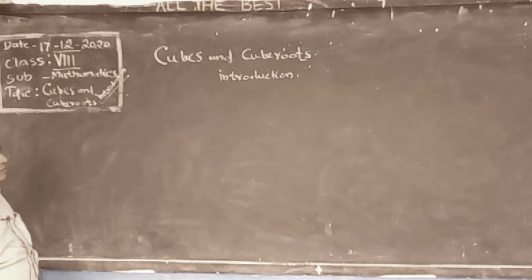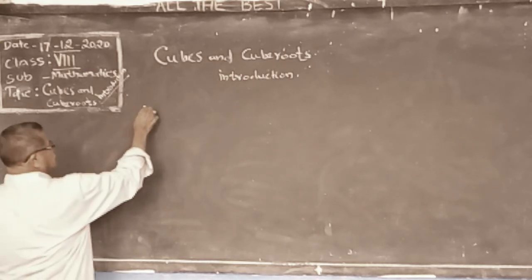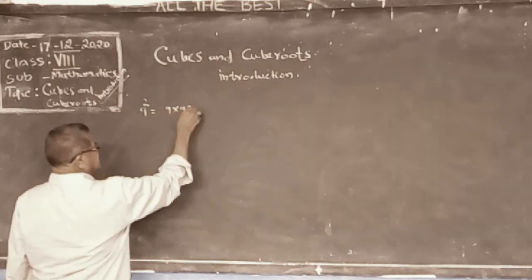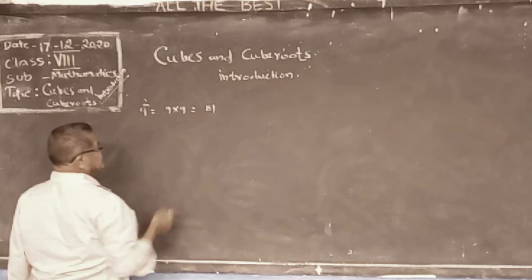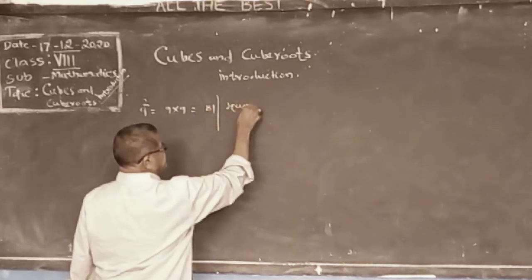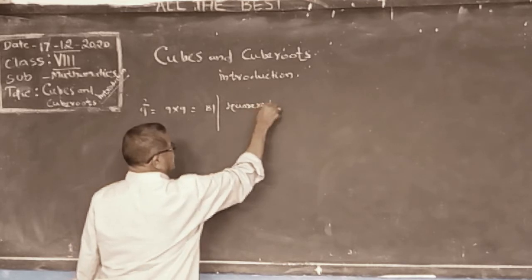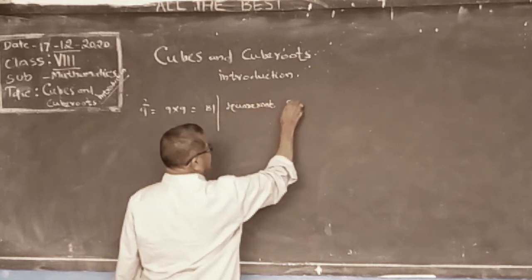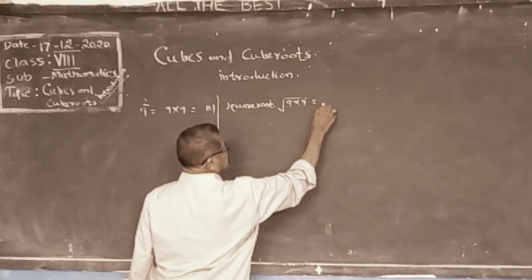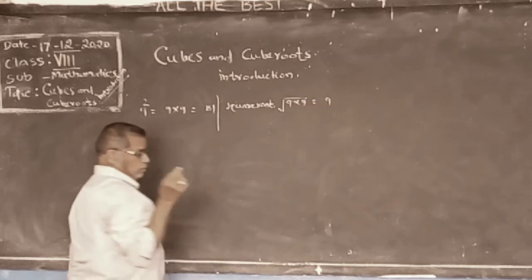Square roots. Suppose 9 squared, 9 into 9, is 81. The square root of 9 into 9 is 9.